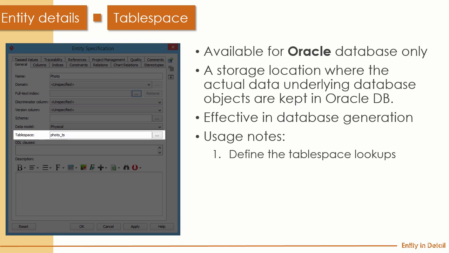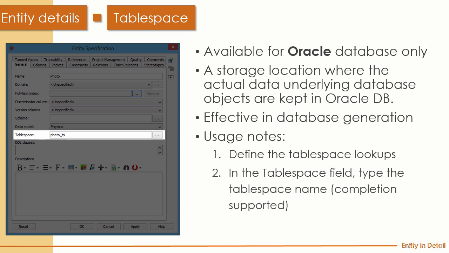To use it is simple. You just define the table space lookup, and then you can select the table space. It's better to use the lookup rather than type it in. The reason is that if you type it wrong, you will put it in the wrong table space, which is not what you expected.